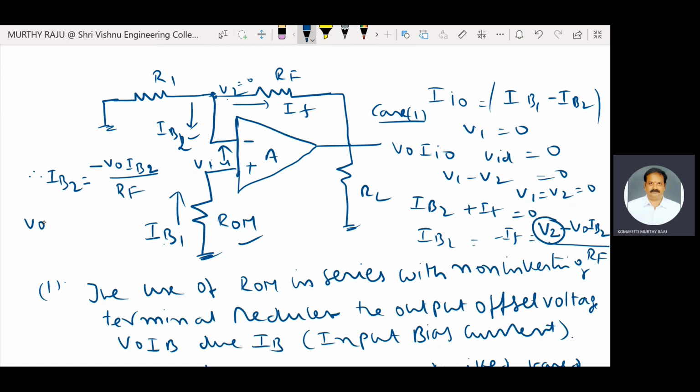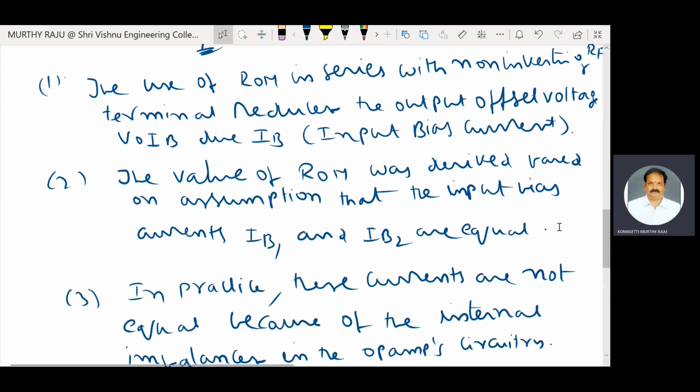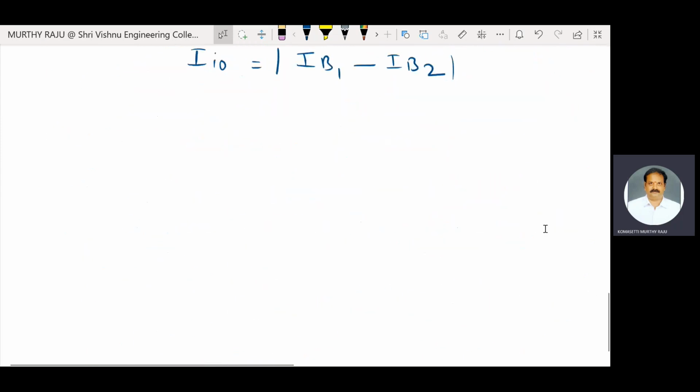Therefore, V0 due to IB2, the output offset voltage due to input bias current IB2, is equal to minus RF into IB2, when V1 is 0. This is case 1.